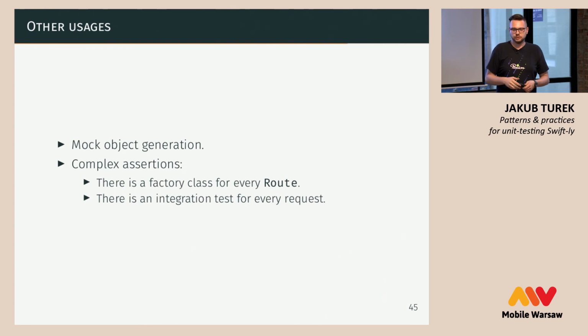There are a couple more usages of Sorcery. You can use it for mock object generation. We don't really do that, but I know that others do, and it works well for their use case. So you might want to try that. You can also use Sorcery for some more complex assertions. For example, in our architecture, we have an enum called Root.